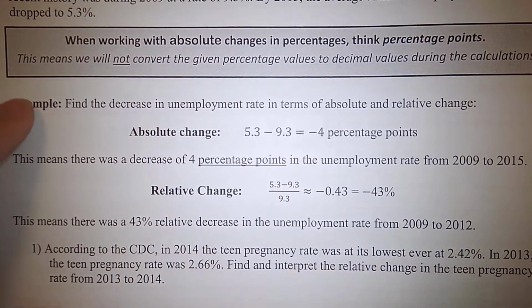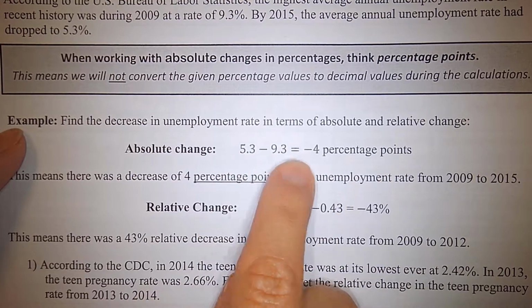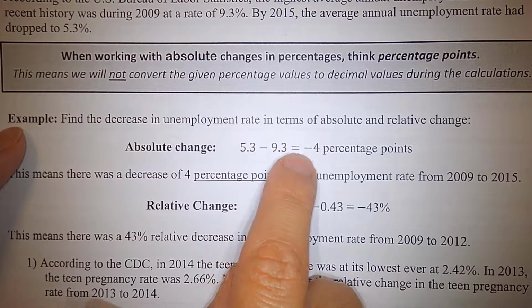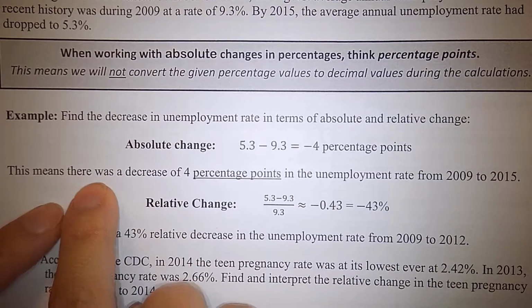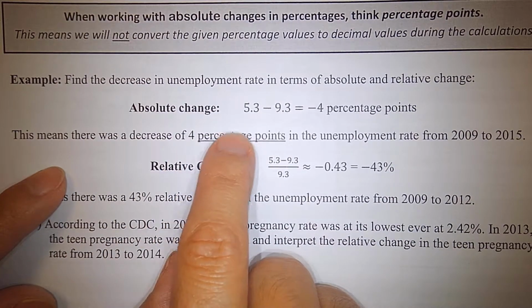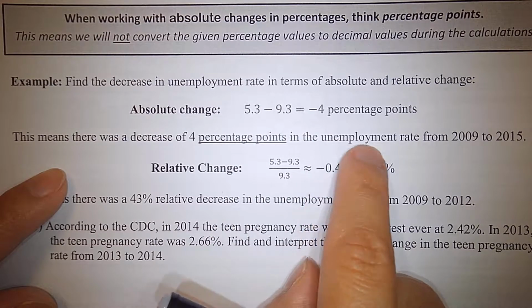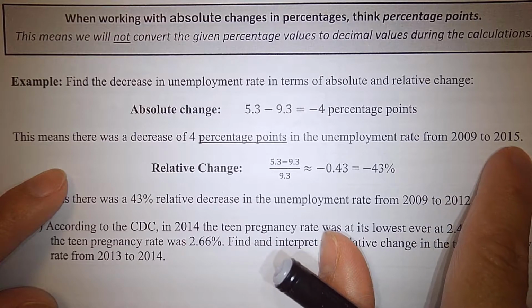Okay? Say the newest value is 5.3 percentage point, old value is 9.3, so 5.3 minus 9.3 gives us negative 4 percentage point. Okay, so this means that there is a decrease of 4 percentage points in the unemployment rate from 2009 to 2015.